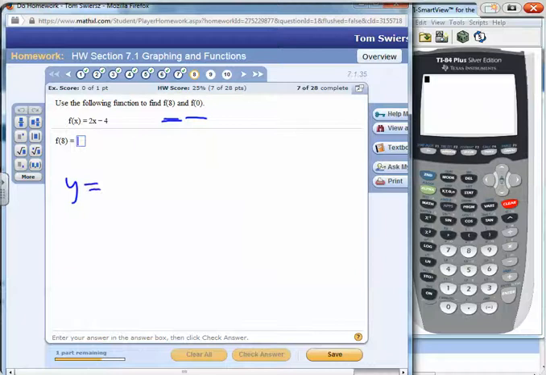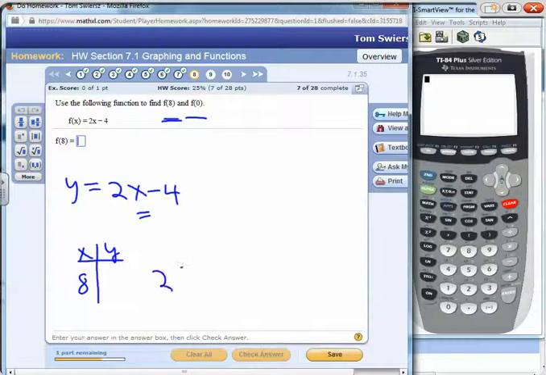If you have y equals 2x minus 4, okay, and I have my x and my y, if I pick x equal to 8, and then wherever there's an x, I put in the value 8, and I evaluate it.